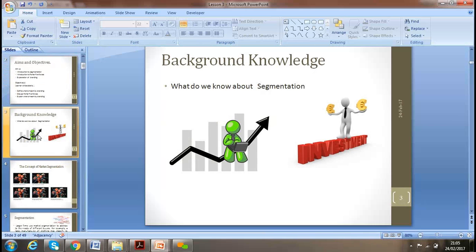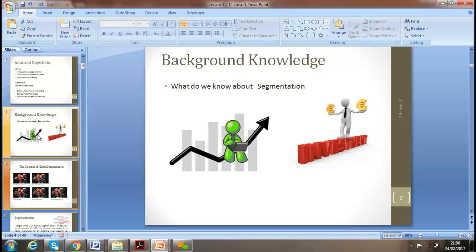What is meant by segmentation? Choosing parts of a market for customers to serve. Okay, brilliant. Choosing the part.